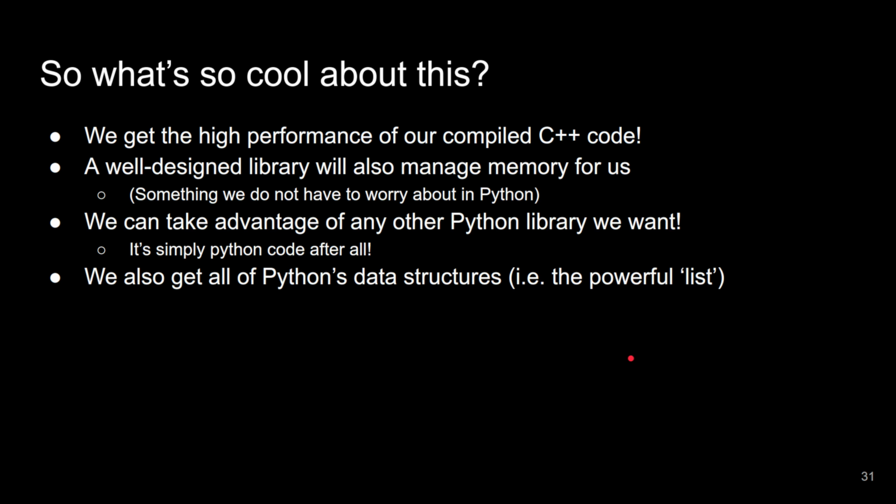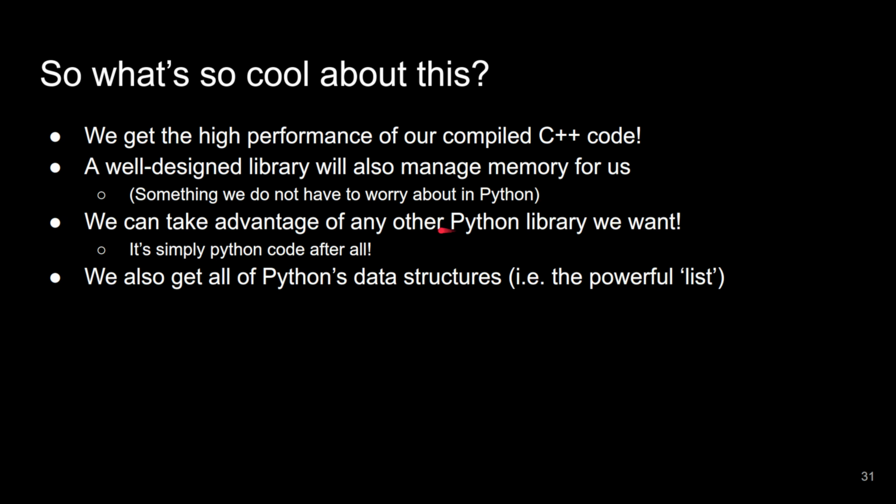So again, what's cool about this is we get the high performance of our C++ compiled code in Python. If we also design things properly in C++, like when we allocate and delete memory in our C++ classes, taking advantage of RAII, the resource acquisition is initialization principle, where when we create an object, that's the only place we allocate, and when we destroy the object, that's the only place we destroy memory, we don't have to worry about memory allocation or anything in Python.